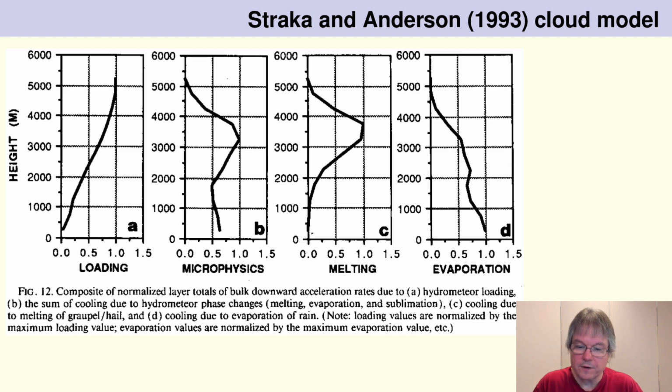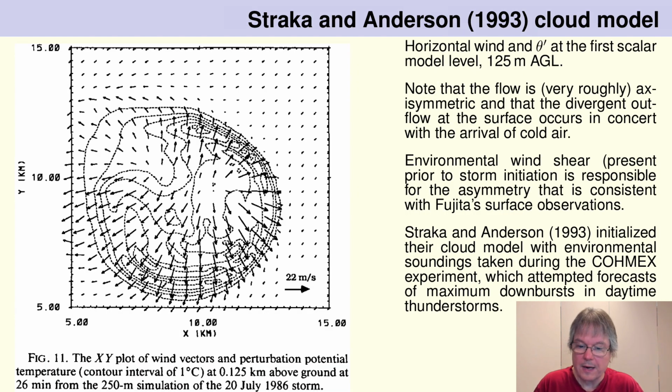Now, Straka and Anderson did a three-dimensional model, and here is the plan view of the surface showing an asymmetric but very much clearly a downburst or a divergent outflow where you have stuff going outwards. You see to the northeast and the south, there seems to be more action maybe in those directions. There's environmental wind shear present in this environment, so we're now trying to make it more like the real environment.